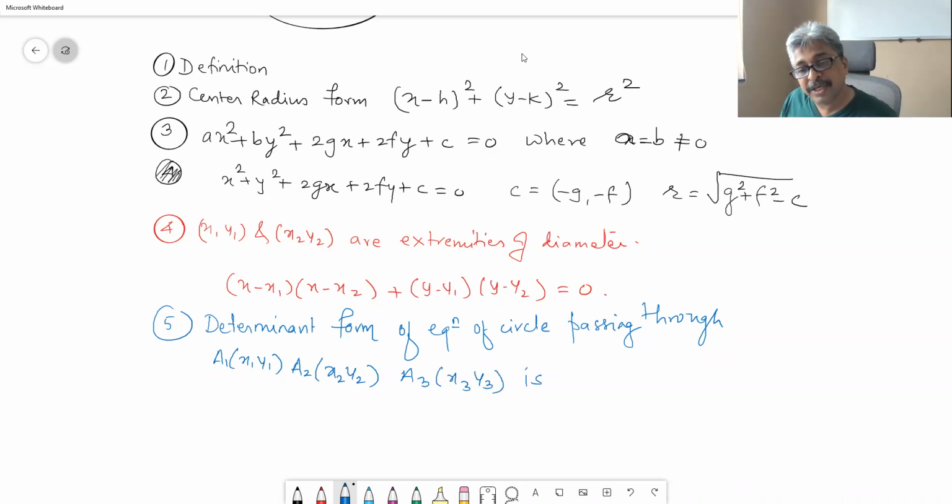Can you guess what determinant we should write so that we get the equation of the circle passing through these 3 points?